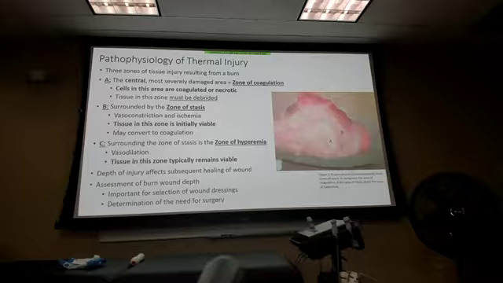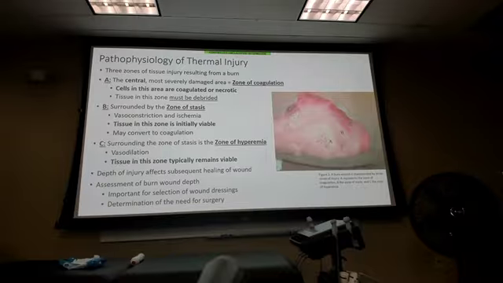How deep it actually goes, how bad it is, will really determine if we need to take them to the OR or not. Like I said, these can get worse and blossom over time. So with just a snapshot of the initial injury, you're going to want to follow these because they can get worse before they get better.